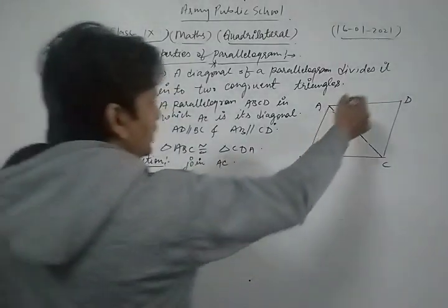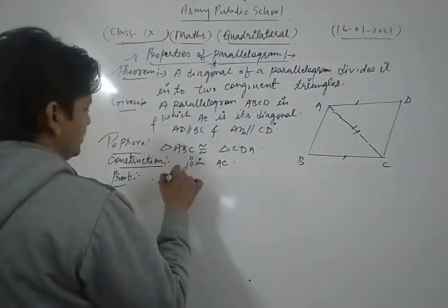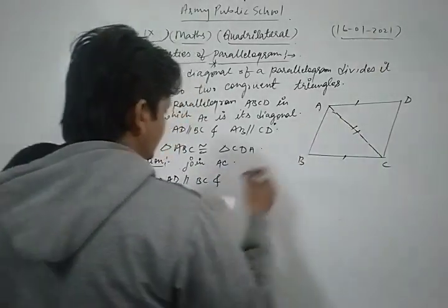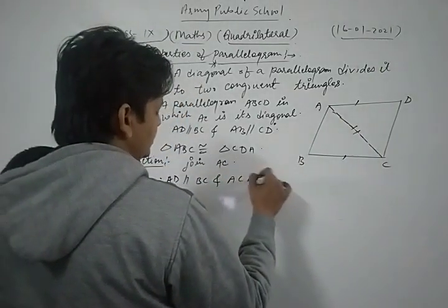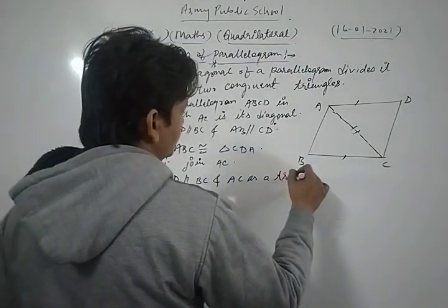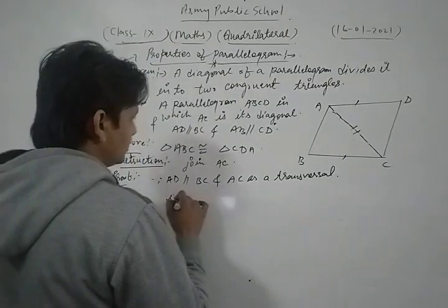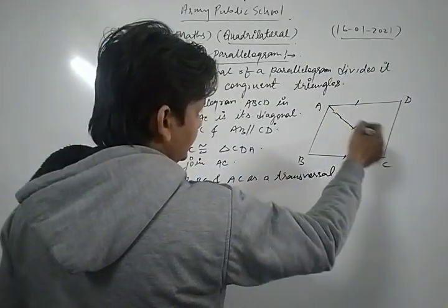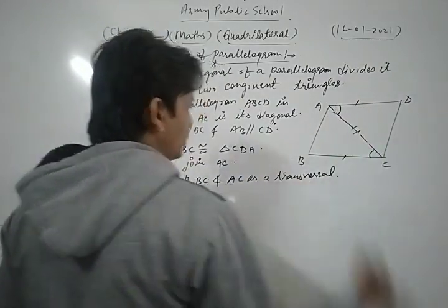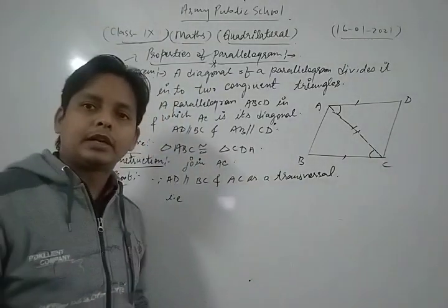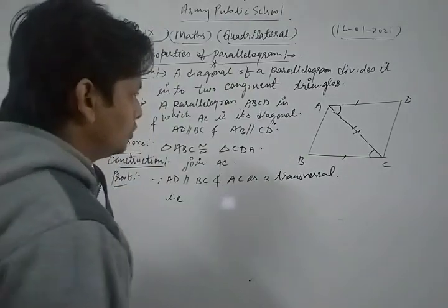Since AD is parallel to BC and AC is a transversal, that angle is equal to that angle, because alternate interior angles are equal to each other if two parallel lines are cut by a transversal.